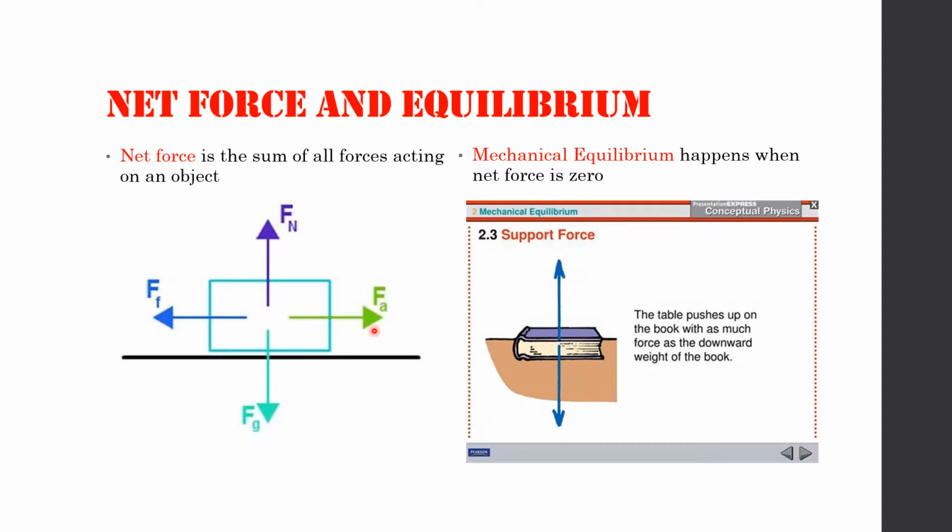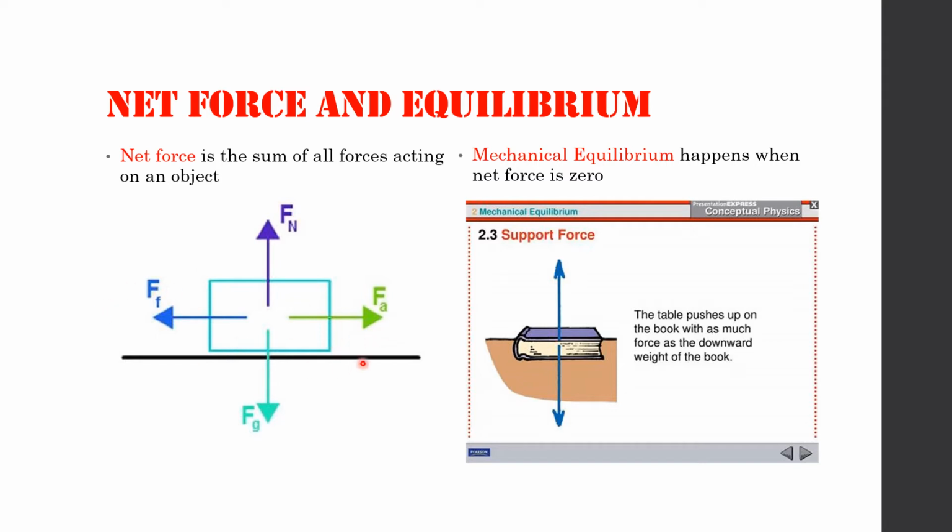Now let's go to the horizontal forces. We have the applied force. Oh no, this could be air force or the air resistance because there's air blowing the book. Even though it's too weak, it's still blowing the book. But it's not moving because there is a frictional force on the opposite side, which in return opposes the air force.